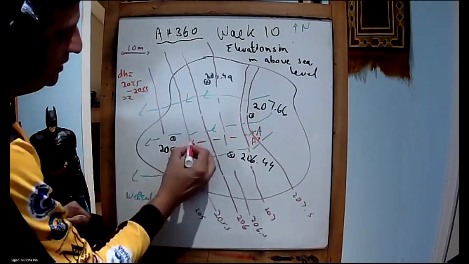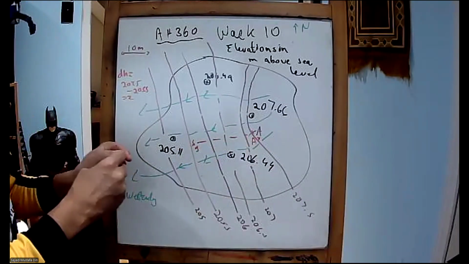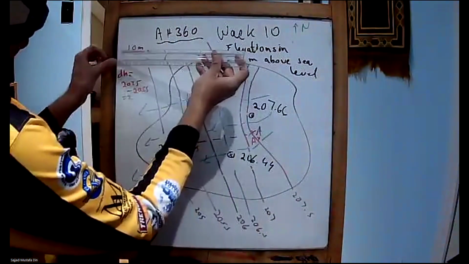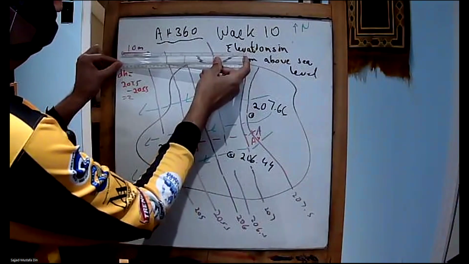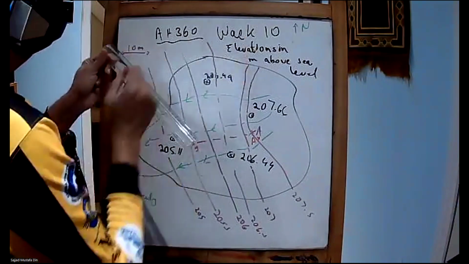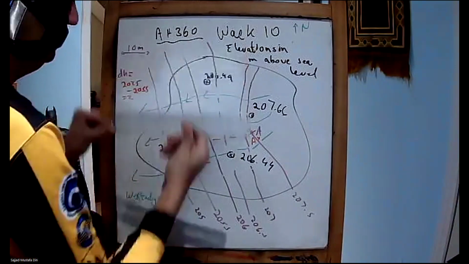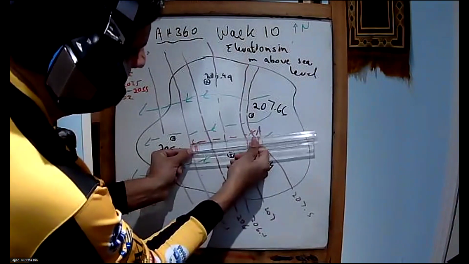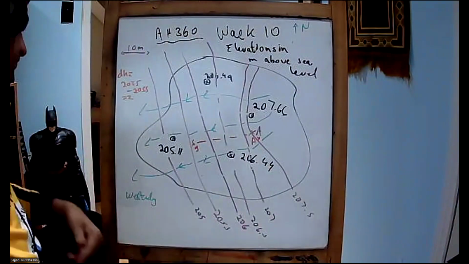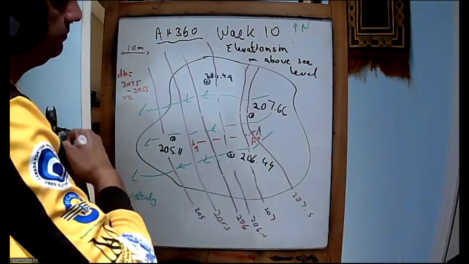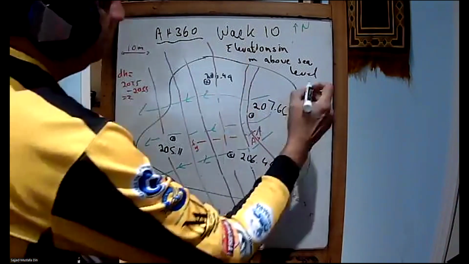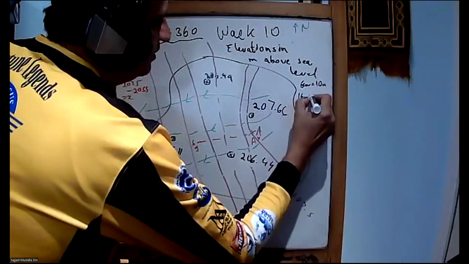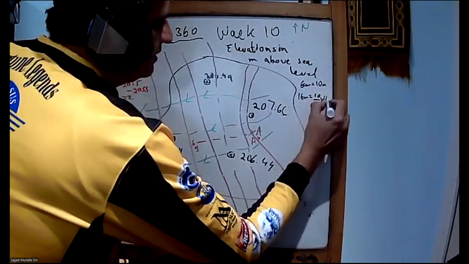Now I need to determine the distance between these two. You can take a ruler and say, okay, 6 centimeters is 10 meters, according to the scale. And the distance here is 16 centimeters. So you convert that. 6 centimeters is equal to 10 meters, so 16 centimeters is equal to 10 over 6 times 16.